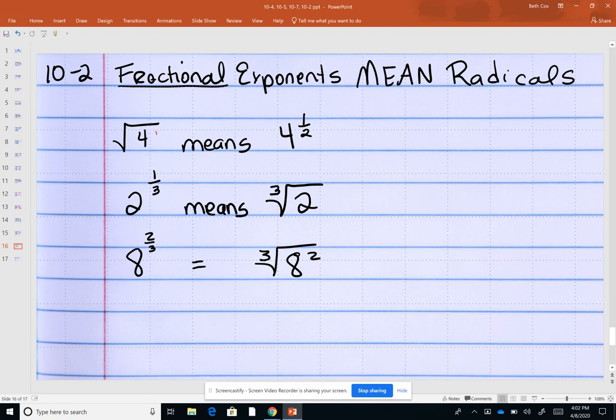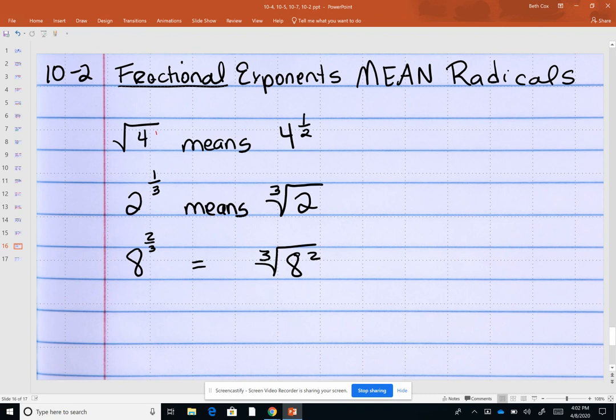And so exponents are a lot more user-friendly than radicals. So we can rewrite all our radicals using exponent powers, or exponents that are fractions.